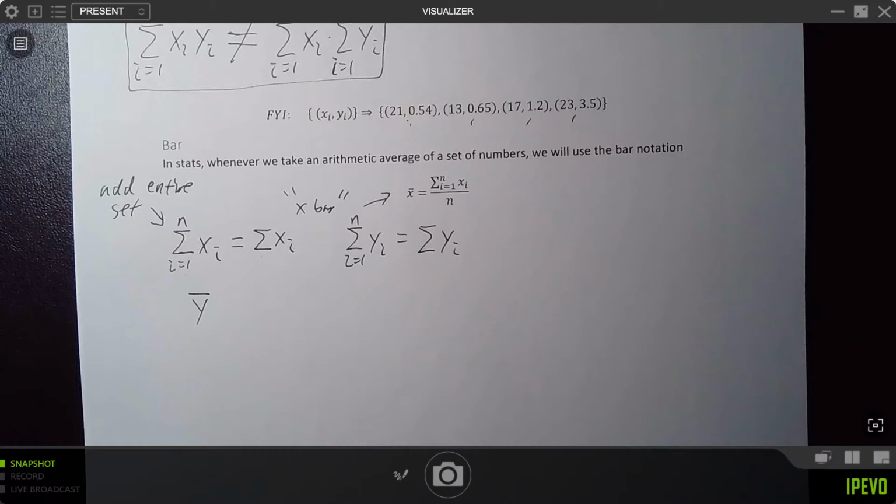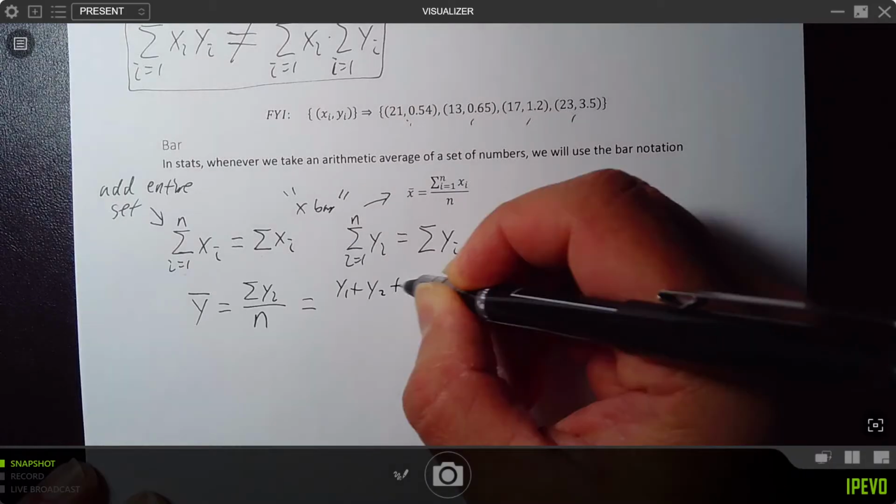Okay, and so for example, let's go ahead and give that a try. Summation yi. By the way, I'm still using the same example as before, so this is the previous data set that we have. So we just go up to y4 because there are only 4 observations, divided by 4 because there are 4 elements.